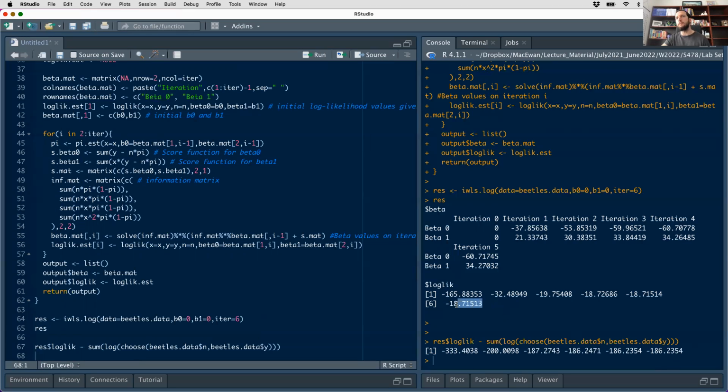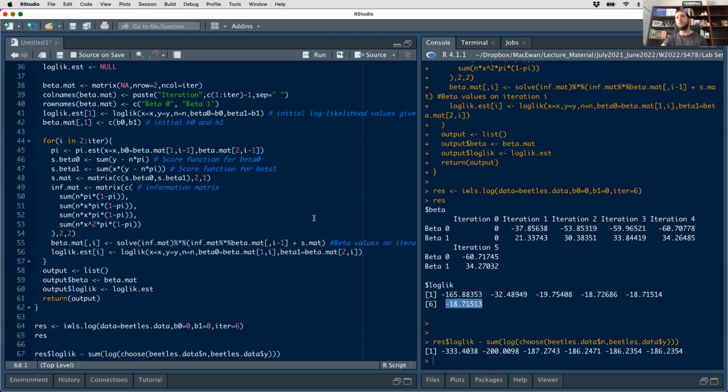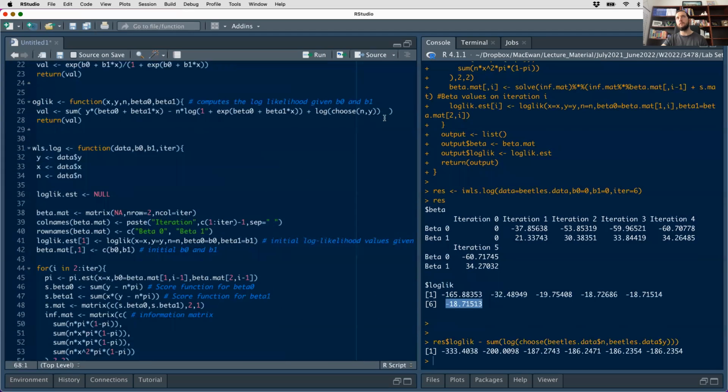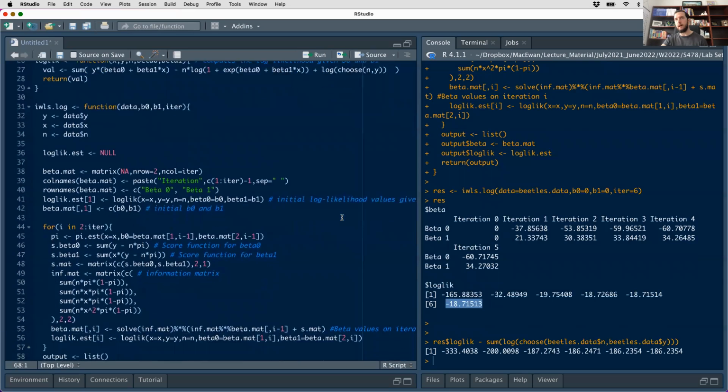So the discrepancy here is due to the fact that the value that was reported in lecture and the value that was reported in the text chapter that I was working off of actually does not include that combination term. Now, this value here is computed using the full log likelihood expression as we derived it in class.